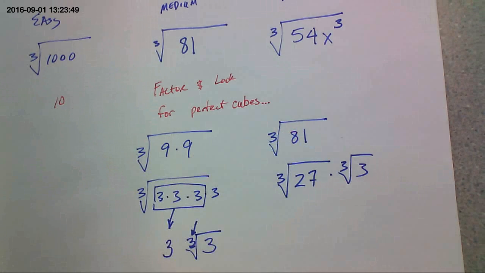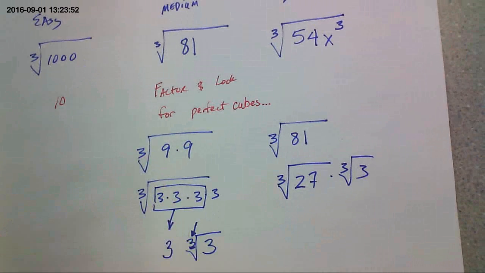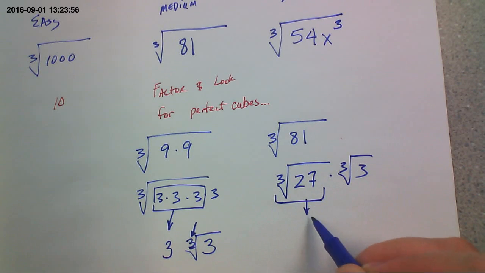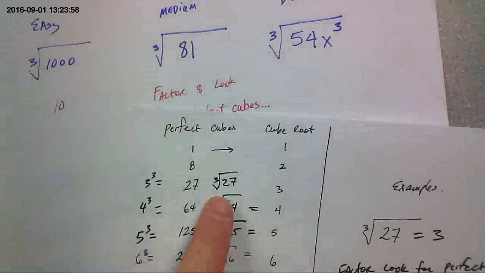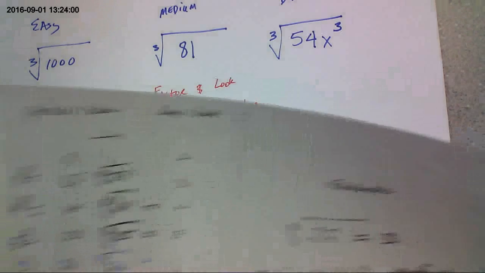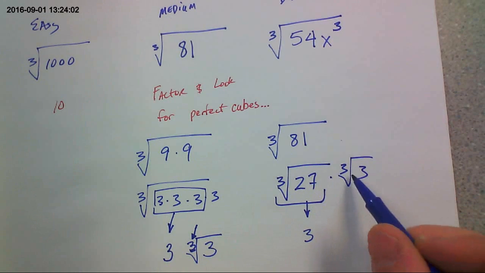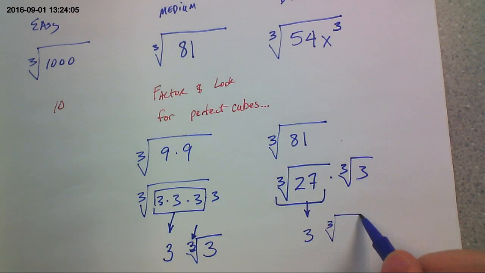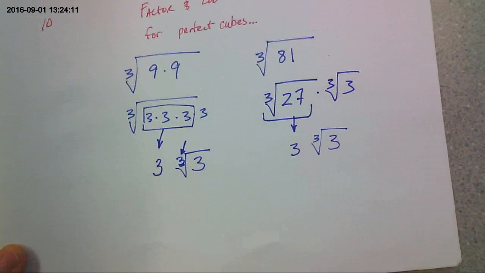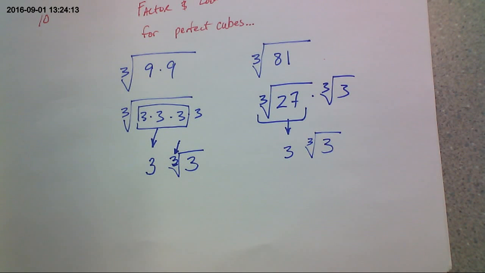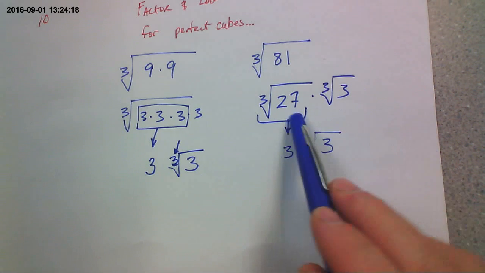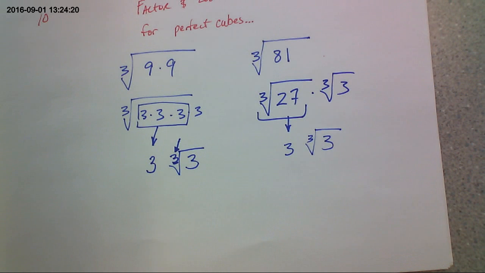So this equals that. And this is easy because that's 3. And I can't do anything with that. It just stays like it is. You see? 3 goes into 81 27 times. When you factor, you're looking for a perfect cube.